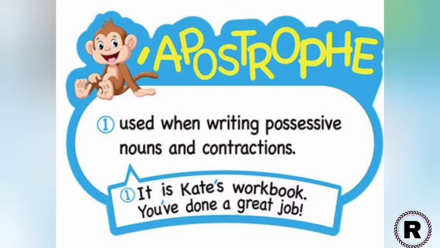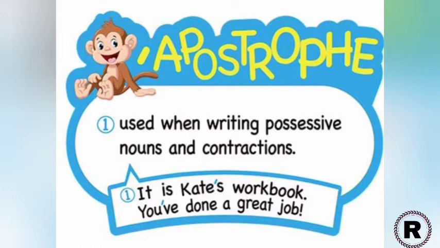Secondly, apostrophes are used in contraction forms, in the short forms, like you've done a great job. Instead of writing you have, the short form you've is written. So for the contraction of have, we put an apostrophe and replace the ha with the apostrophe.